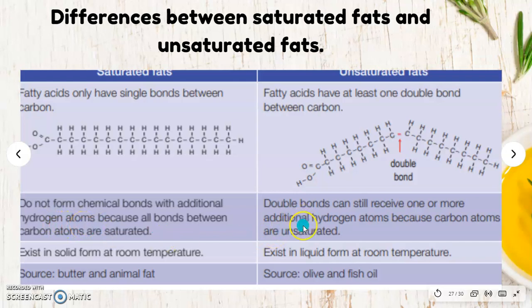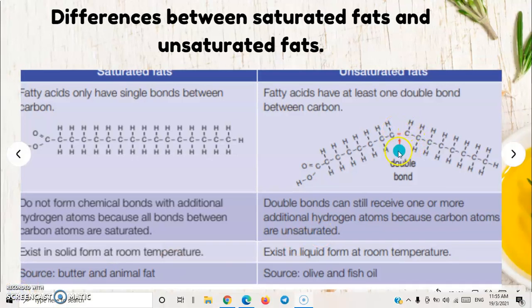While in unsaturated fats, the double bond can still receive one or more additional hydrogen atoms because the carbon atoms are unsaturated. This double bond can still receive additional hydrogen atoms because the carbon atoms here still contain a double bond.